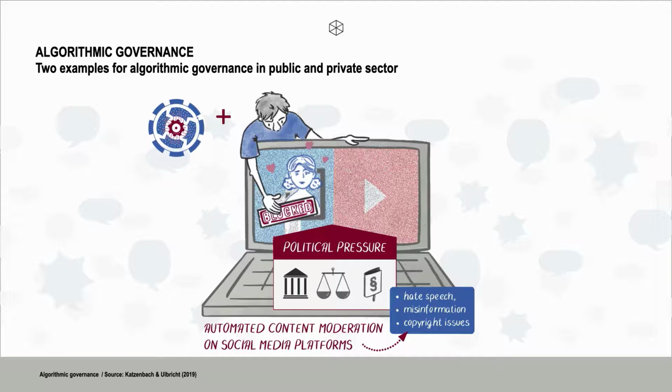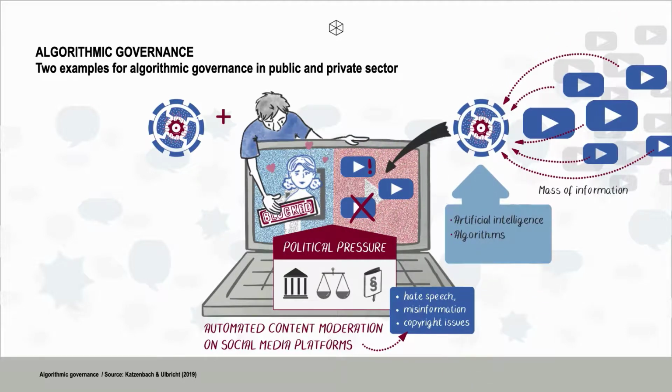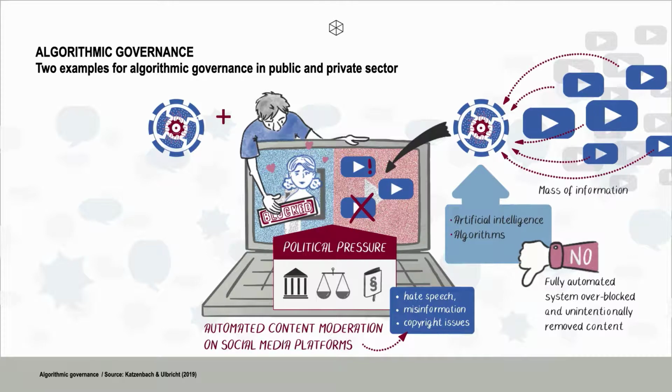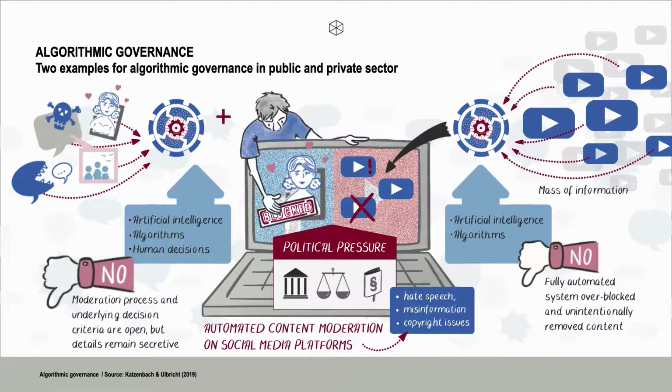The fully automated system of YouTube overblocked and unintentionally removed content that should not have been removed. This led to a lot of criticism from end users, especially due to the lack of transparency to decide why content was removed. In contrast, Facebook discloses the moderation process and underlying decision criteria, but remains secretive about specifics of the process.